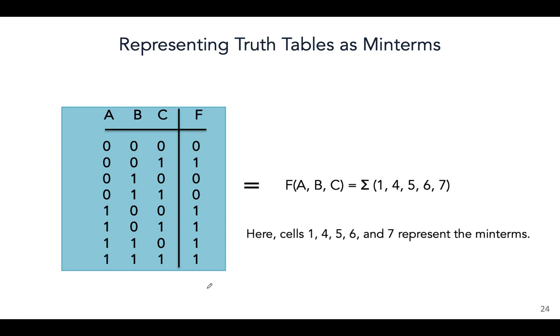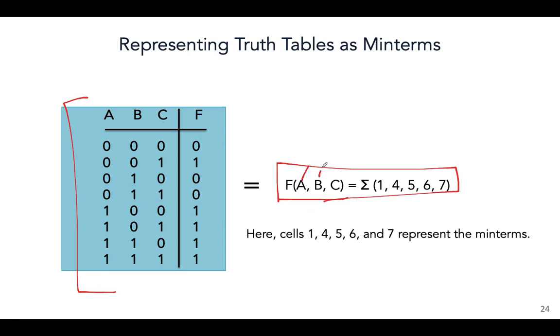Now if we have to represent a truth table in the form of min-terms, again it's very simple. This was the truth table that was given to us. We can write it like this because this is a function of ABC, and this function can be written like this. And what are these?